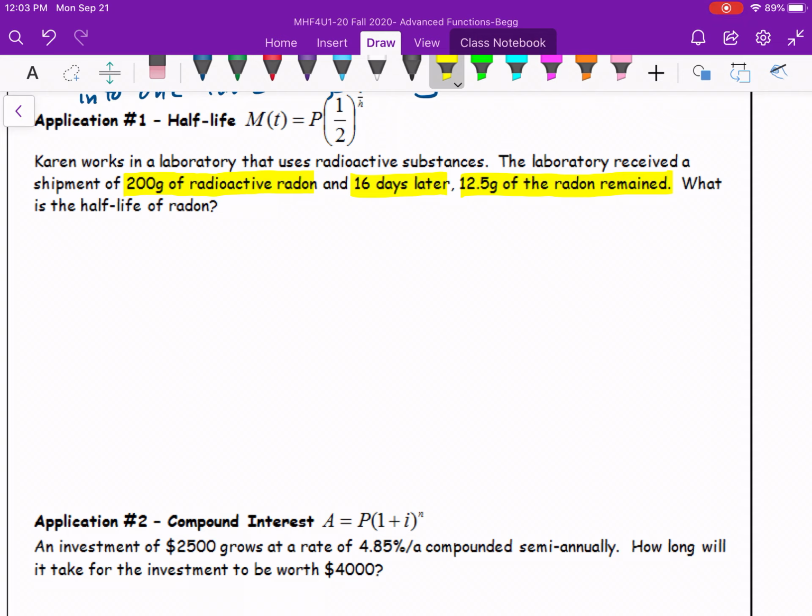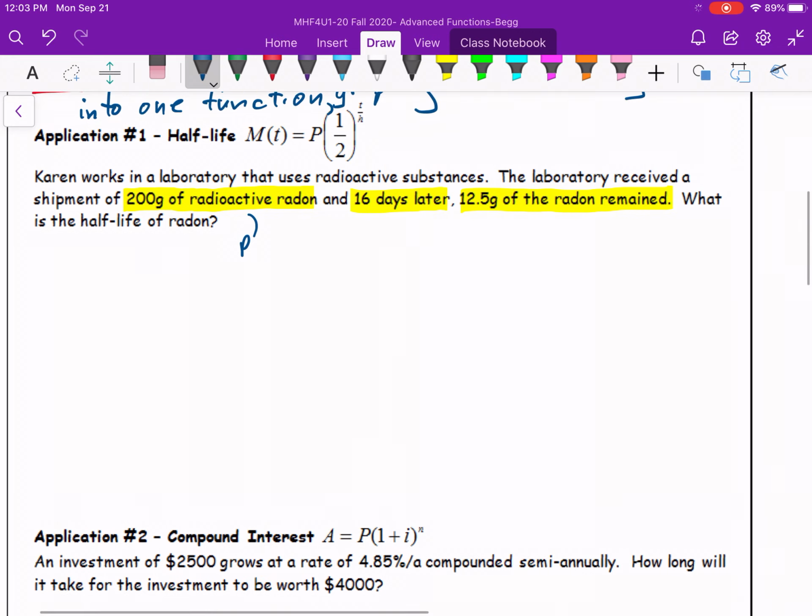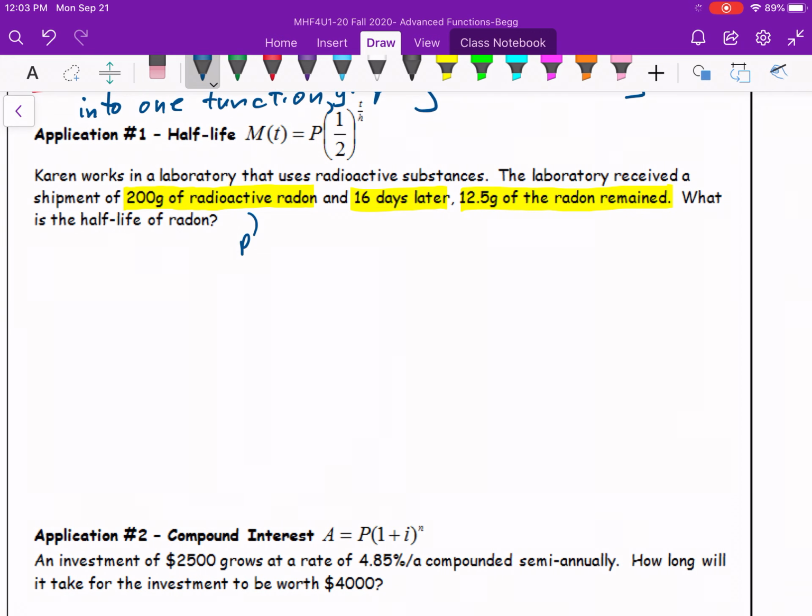So it started with 200 grams, so that's going to be our P value. P, in the way this is set up, is our initial value. The initial value is always that number that's out in front of the power, and we multiply it by it. P would also be our vertical stretch if we're thinking in terms of graphs, but in terms of just interpreting the equation, the initial amount is what's going to be P. So 200 grams. 16 days later, that's T, so that's going to go into the exponent.